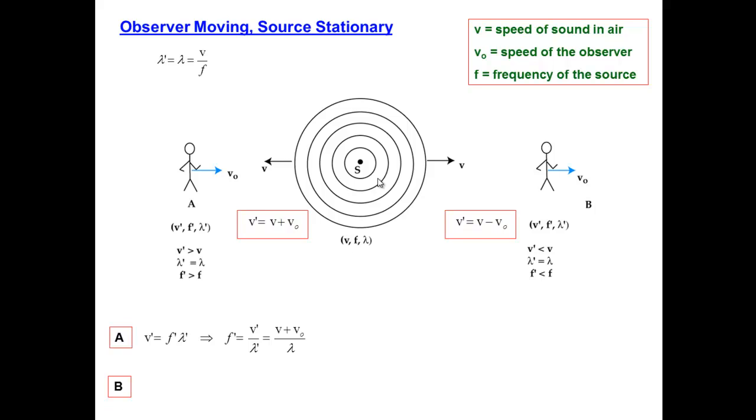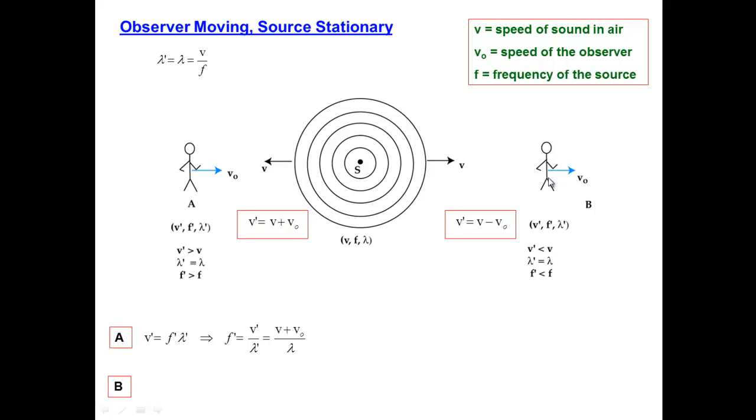So we're halfway there. What we want to do is look at how the new velocity, the new wave speed, affects the measured frequency. Remember we said that when the source is stationary and the observer is moving, what happens is the wave speed changes. So for observer A moving toward the source, the wave speed is v plus v0.